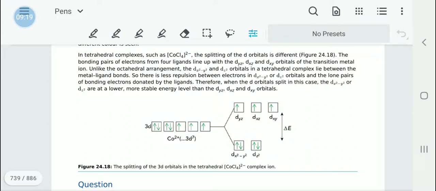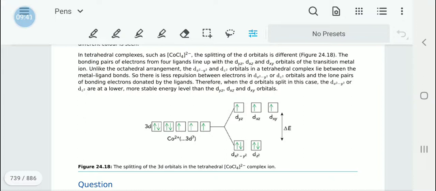Now, when you come to a tetrahedral complex, such as CoCl4, the splitting of the d orbitals is going to be a little different. The bonding pairs of electrons from the 4 ligands line up with the dyz, dxz and dxy orbitals.